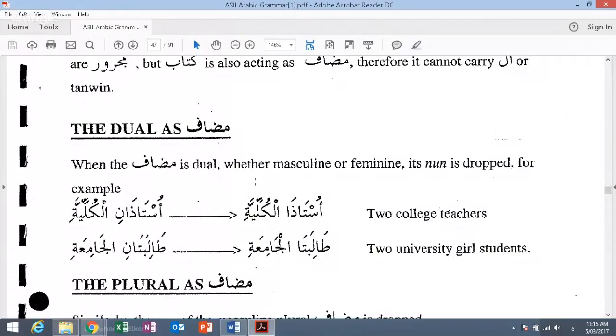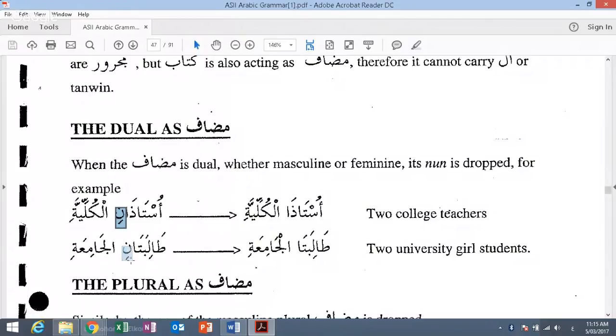The noon we are going to drop. Clear? See the example here. Ustadhani, two teachers. When you are ascribing this ustadhani to al-kulliya, what will happen? The noon will be dropped. So how are you going to say? Ustadha al-kulliyati.